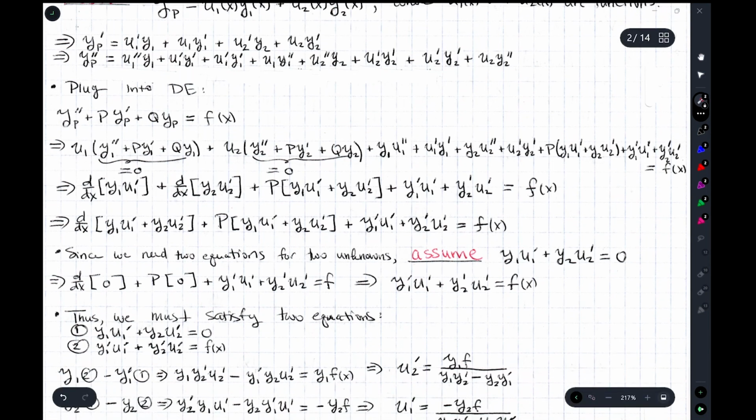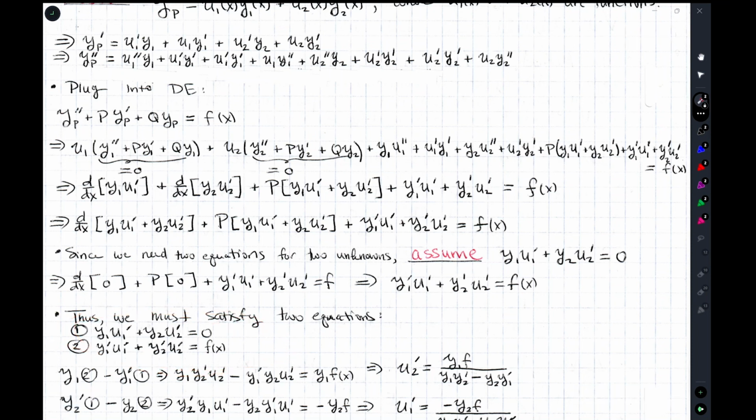And once we do that, this is 0, and that's 0, and we're left with this relation here, which simplifies to that. And so we now have these two equations that will give us u1 and u2.